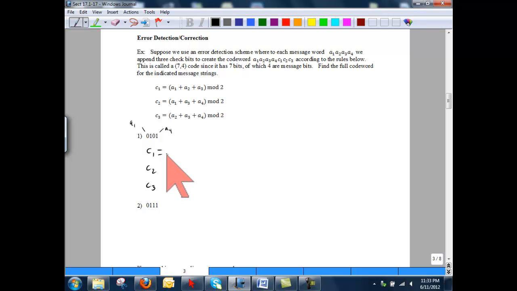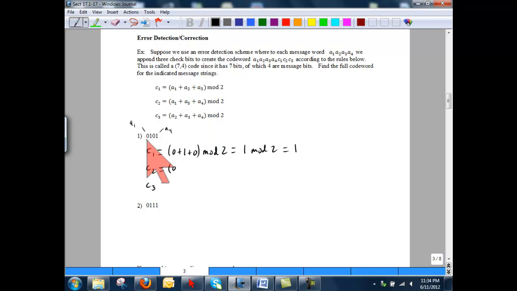And so A1 plus A2 plus A3 is 0 plus 1 plus 0. And then that is to be computed mod 2. So that is 0 plus 1 plus 0 is obviously 1 mod 2. And what is that? Well, 1 is an odd number, so mod 2, it's 1. C2, similar thing, except I take the first, third, and fourth message bits and add them together.